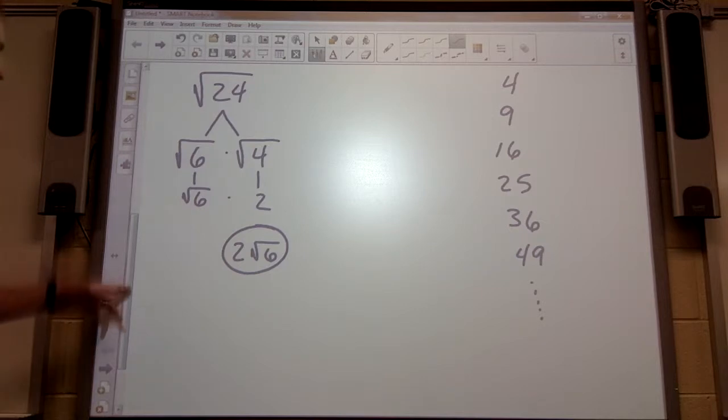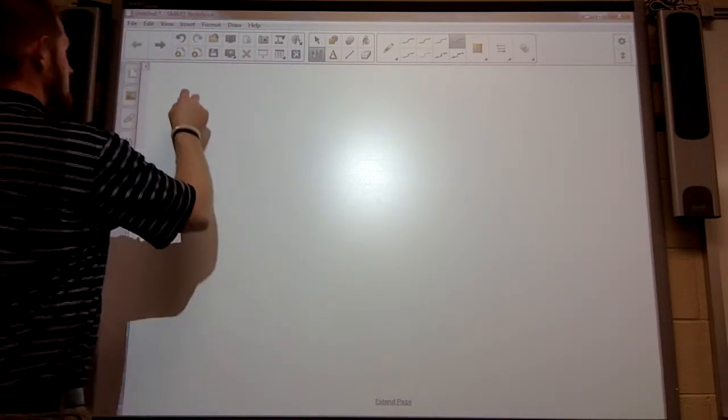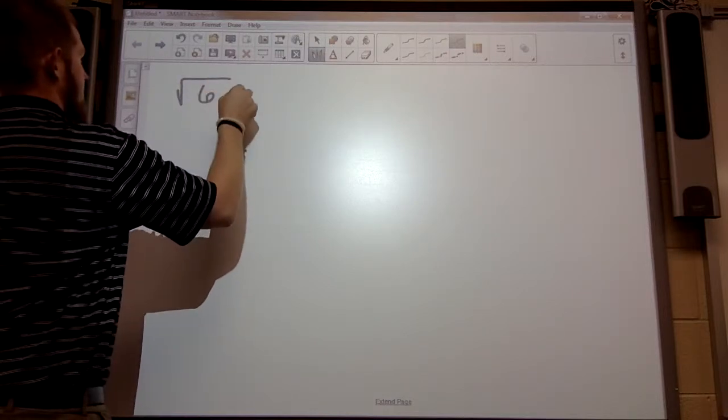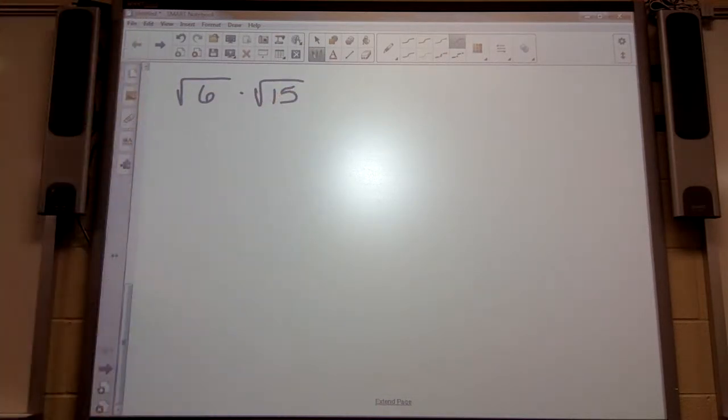Alright, the next problem they just give us in a little bit different form. They give us the square root of 6 times the square root of 15, and they want us to simplify this expression.